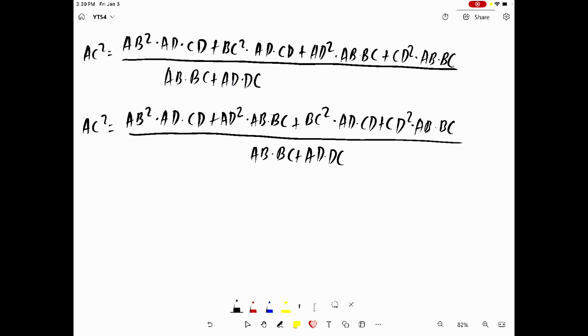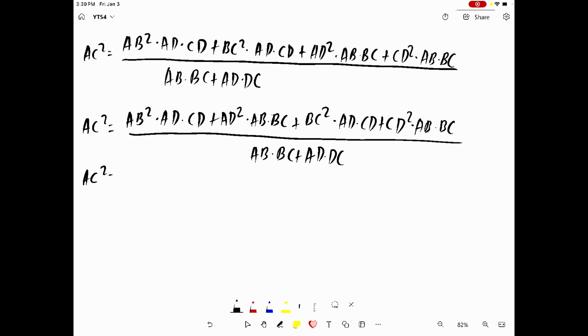Now, if we look at the first and second terms, if we factor out AB and AD from those, we'll get a pretty good equation. And then if we factor out BC and CD from the last two terms, we're going to get a pretty good equation, and we're going to get a total factorization. So this is how it's going to look.